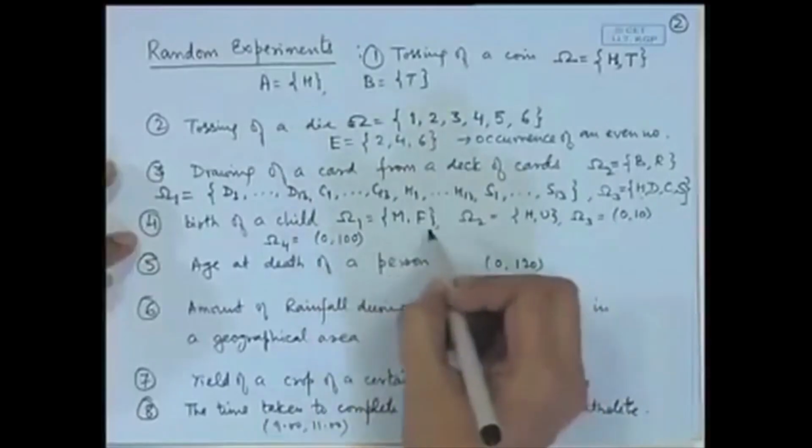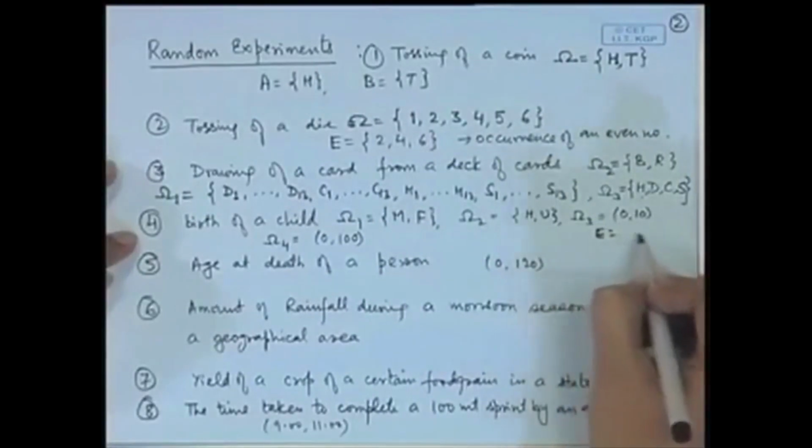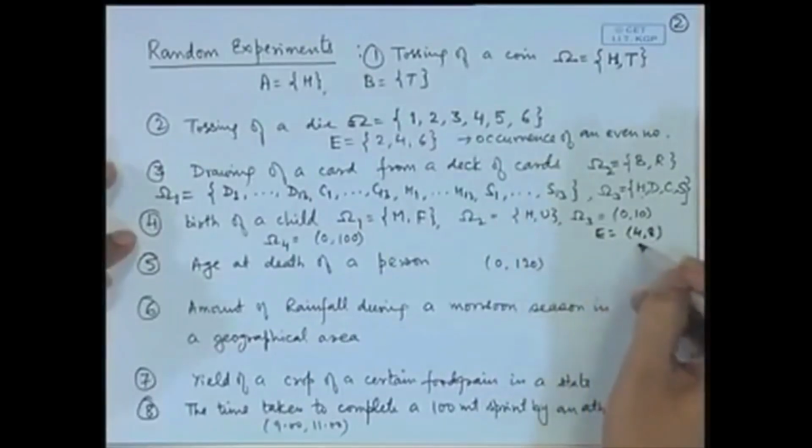In the birth of a child, suppose we are looking at weight at birth in pounds, and suppose E is equal to 4 to 8, then it means that the birth weight of the child is between 4 to 8 pounds.